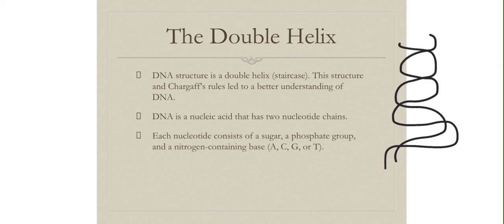When they come together, they're bonded in a way so that the A's and the T's only touch and the C's and the G's only touch. That's really important, so make sure that we know that. And in class, I'm going to show you what I'm talking about with the actual model.